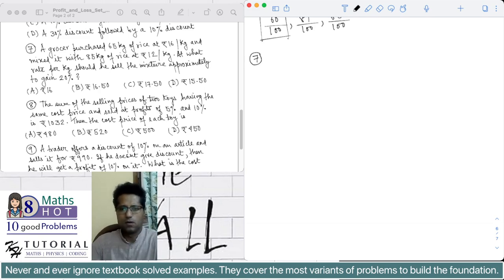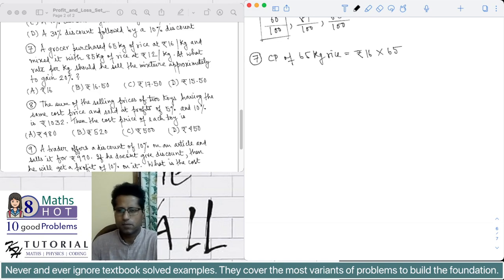Okay, so we can see that cost price of 65 kg rice will be equal to the rate, rupees 16 per kg, multiplied by total number of kgs, that is 65.